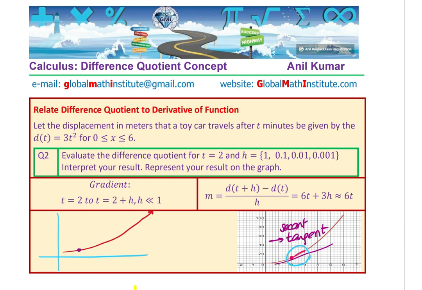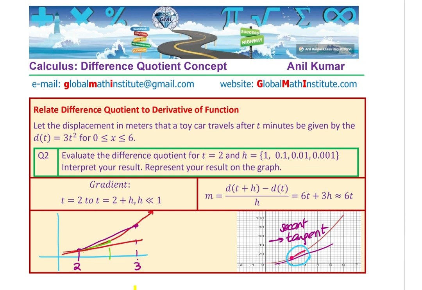And h as 1 to begin with. Let's say h is here. So this is at t as 2, and this is h as 1 means 3, correct? Then we came closer to this. So the next graph was kind of here, right? And then we came even closer. And finally, we have a graph which is kind of like this.